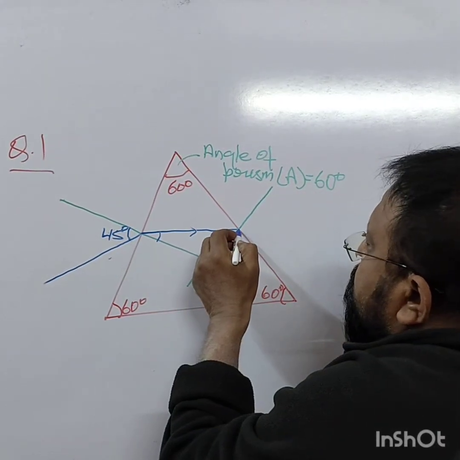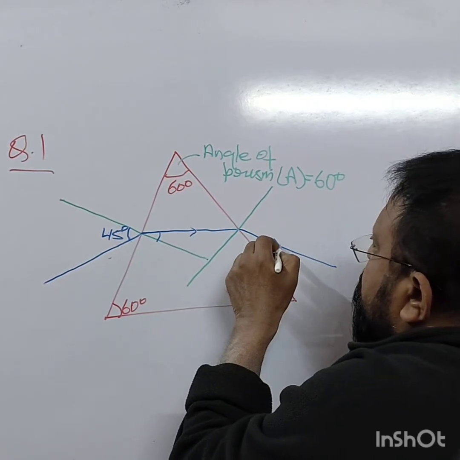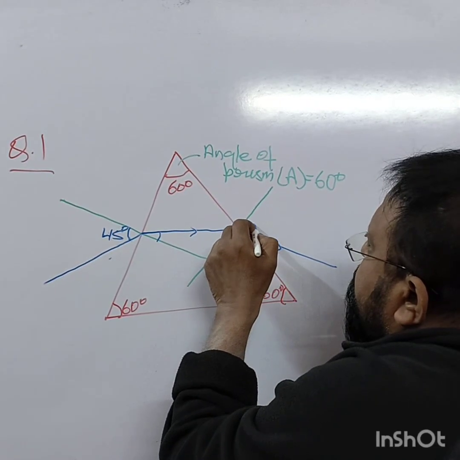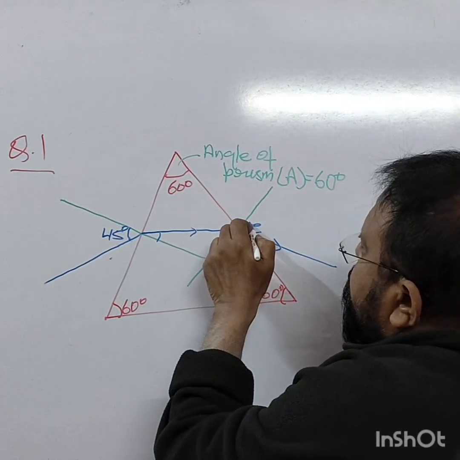It goes away from the normal. It is the angle of emergence. Take what is given to you as data.